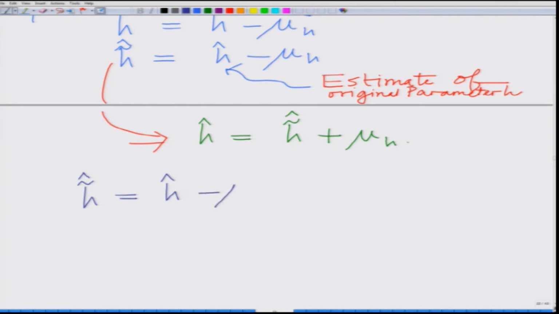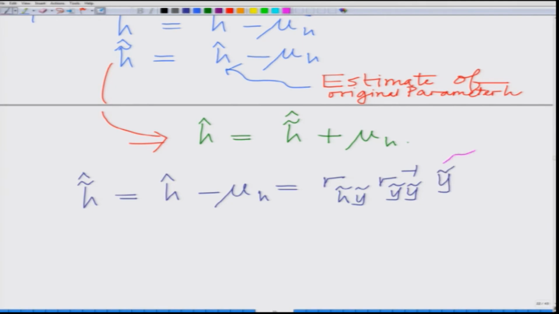h hat minus mu h, which is equal to r h tilde y tilde, r y tilde inverse into y tilde.